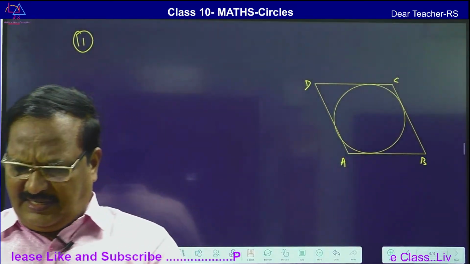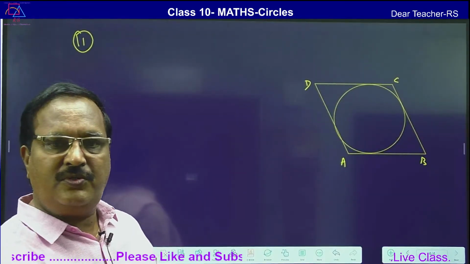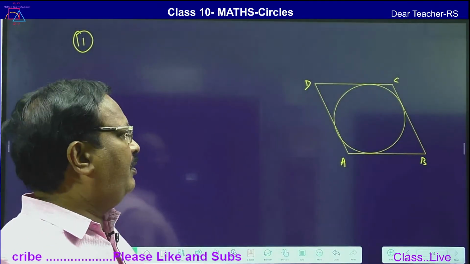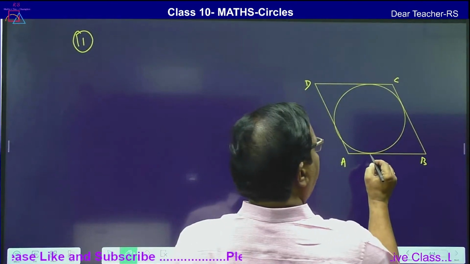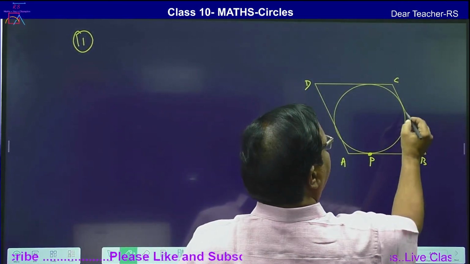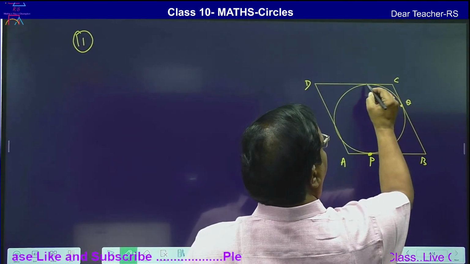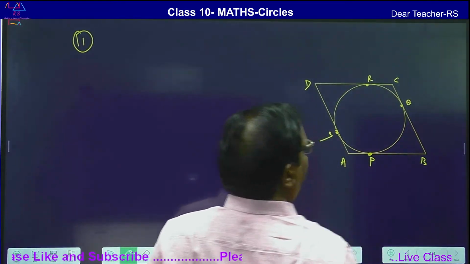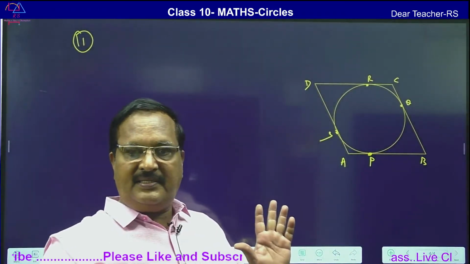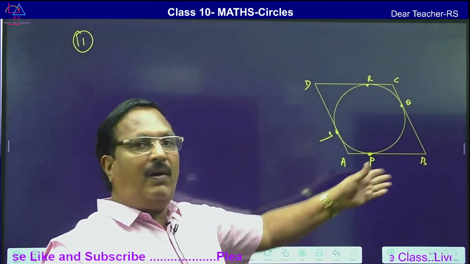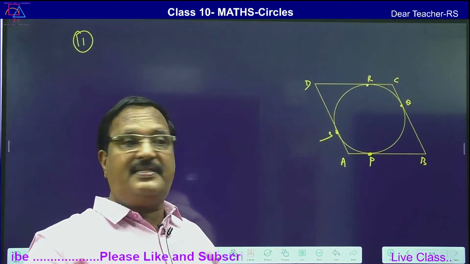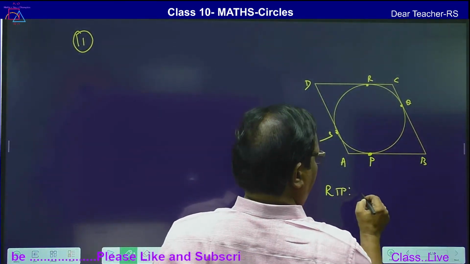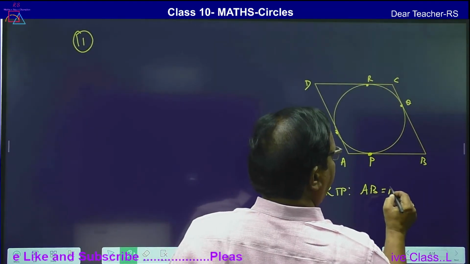Okay, it is a very similar problem to question number 8. Now here also points of contact are there, P, Q, R and S. Now our target is to prove that all the four sides are equal, or adjacent sides are equal. So now RTP: AB is equal to BC.